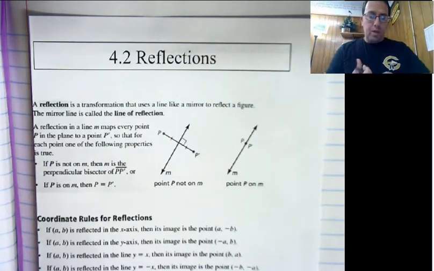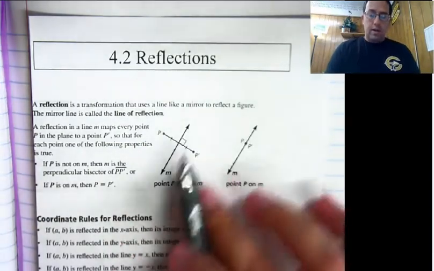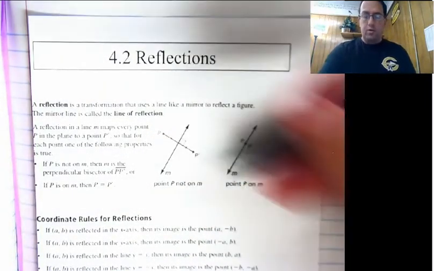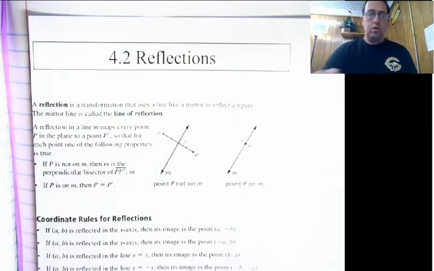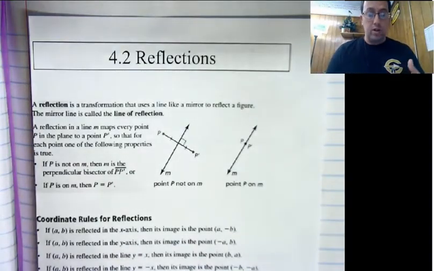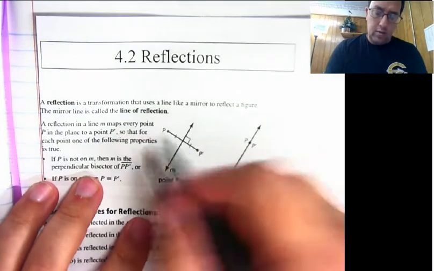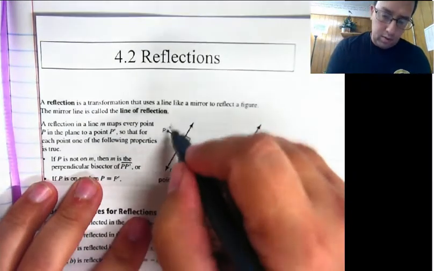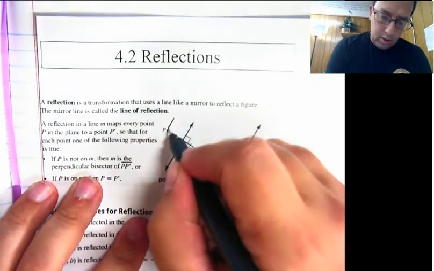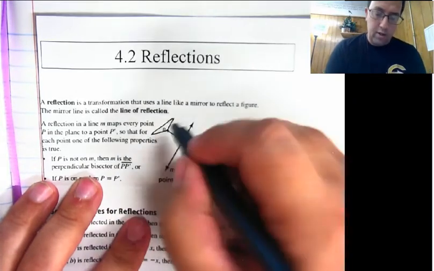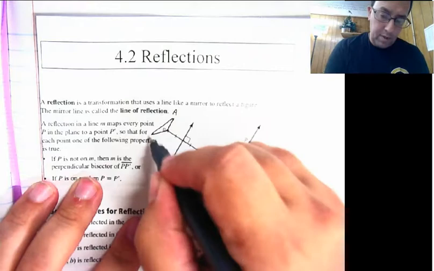Now, in a reflection, all right, the line M, the reflection maps every point across your axis of symmetry, your line of reflection. All right? And it's a little hard to see with points, so I'm going to just take this, instead of having point P, I'm going to make triangle, and we'll call this APB.